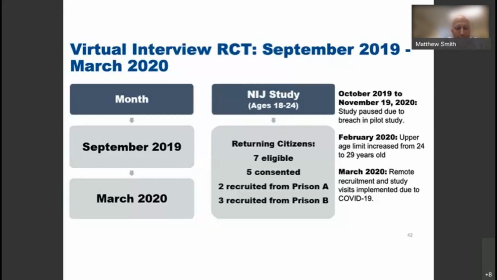And then COVID-19 hit before we could implement this change. And then after it hit, we tried to be forward thinking about how we were going to conduct the trial and started preparing for a remote data collection and partnering with the prison programs to do the study remotely.